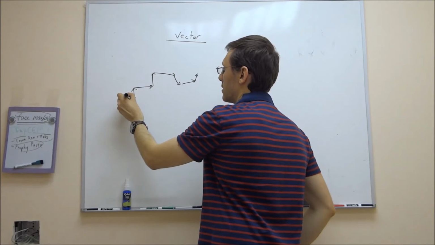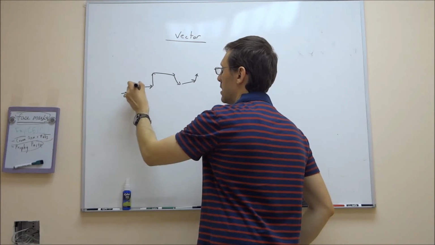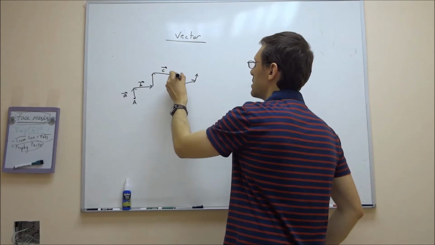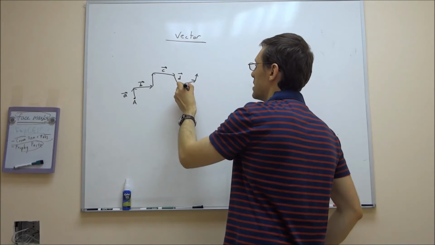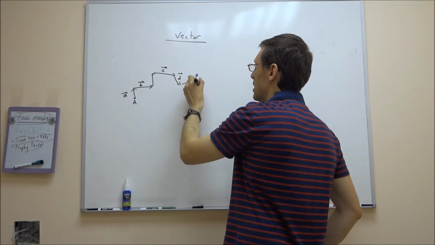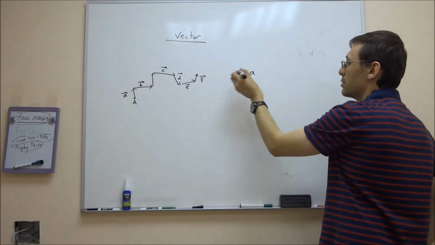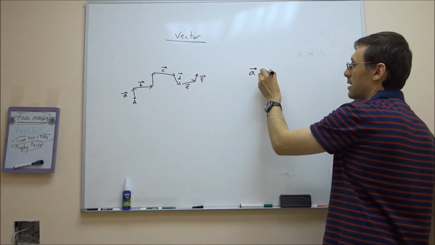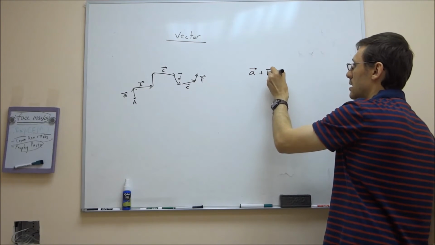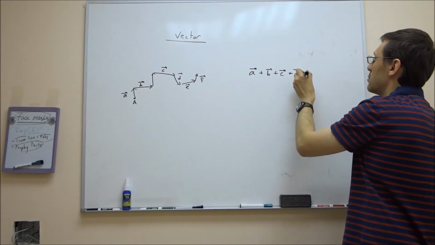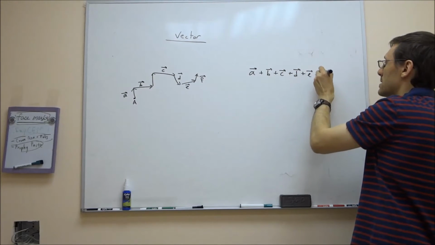So this is your vector A, this is your vector B, this is your vector C, this is your vector D, this is your vector E, and your vector F. So what is the sum? How would you draw geometrically the sum of A plus B plus C plus D plus E plus F?